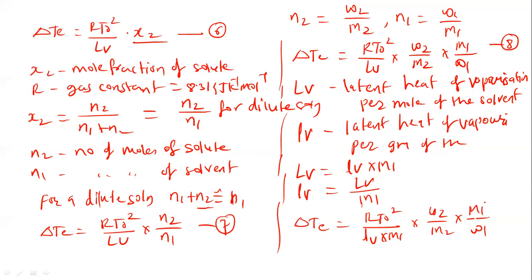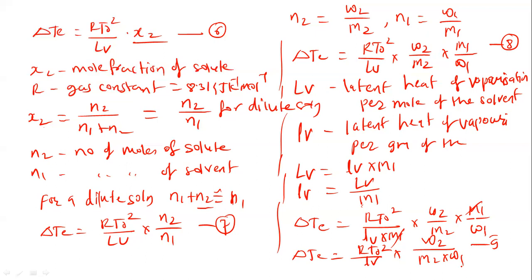In this equation, this M1 and this M1 get cancelled. Then we can write delta TE equal to RT0 square divided by small lv into W2 divided by M2 into W1. So we are getting this equation here. Suppose that this is equation 9.